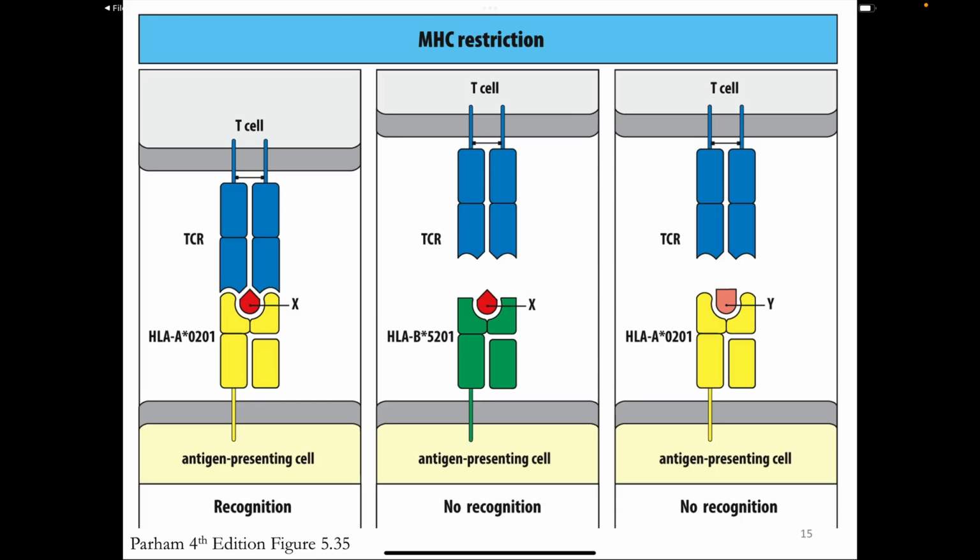Zinkernagel and Doherty, we now know, were super lucky in that experiment, in the types of mice they happened to pick genetically to make this work out perfectly. Because it turns out there's a little bit more of a complication in all of this than we talked about before. If you look at this, you might be a little confused, and somebody came to ask me questions about this earlier in the semester.